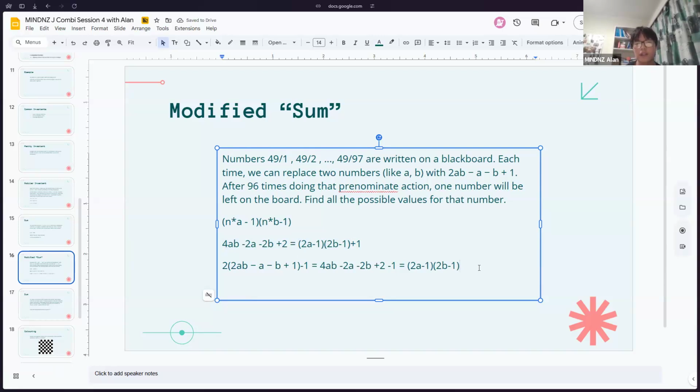Right. So we found something that does not change. We can just take the product of 2 times each element minus 1. And then when we replace by 2ab minus a minus b plus 1, that product will stay the same.